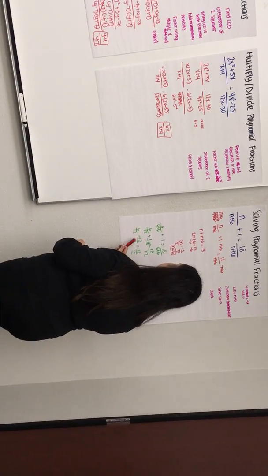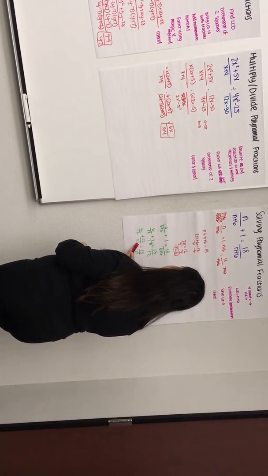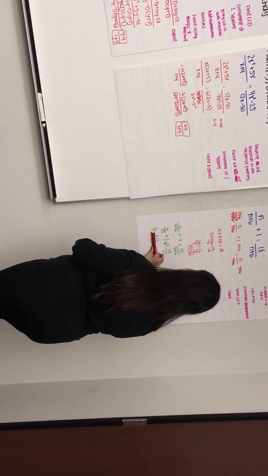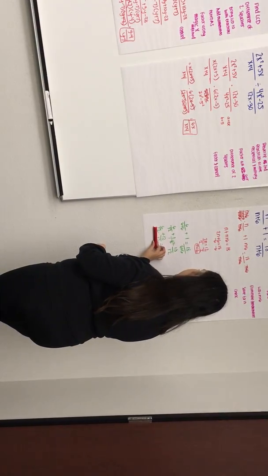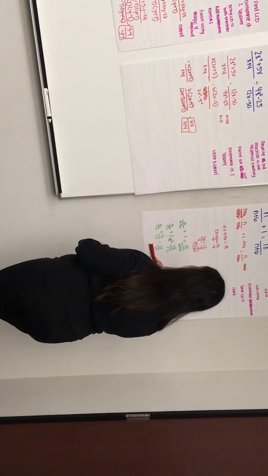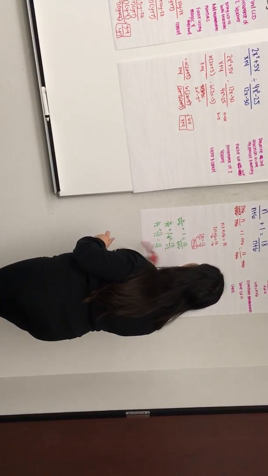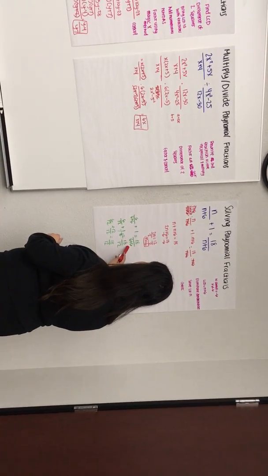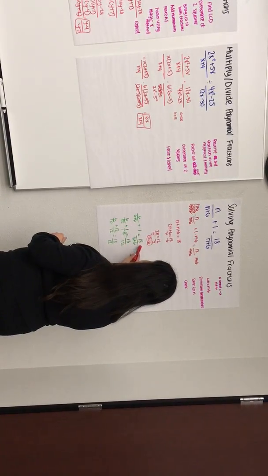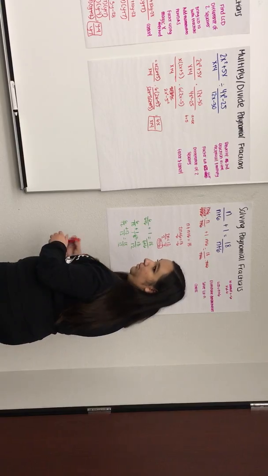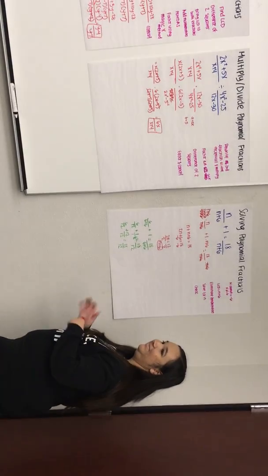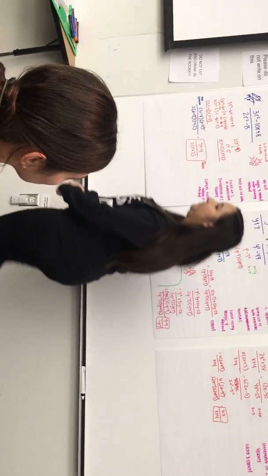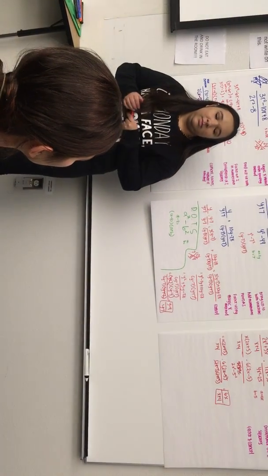And so you get 6 over 12 plus 12 over 12. If you add the top, which is 18, and you keep the bottom the same, it's over 12, so this is the correct answer because it's 18 over 12. Yay! Good job. Although I think you forgot the Socratic question at the end, but that's fine.